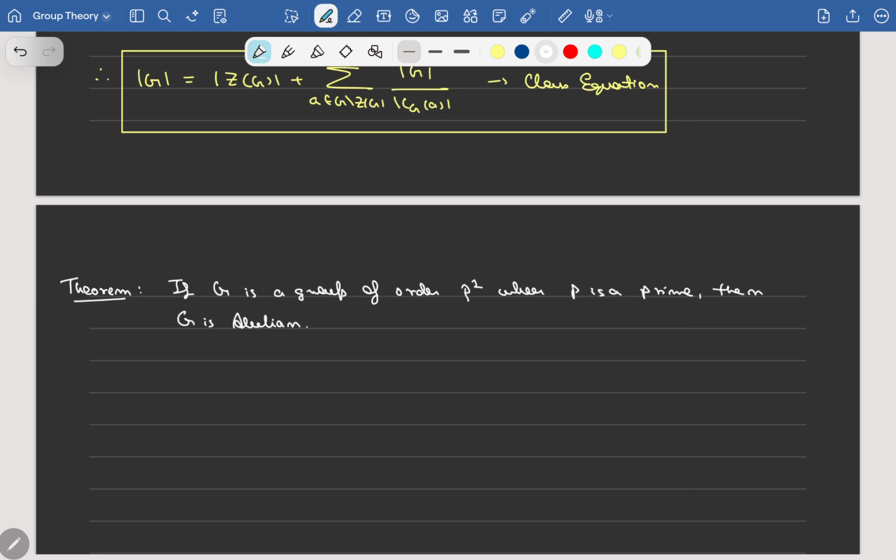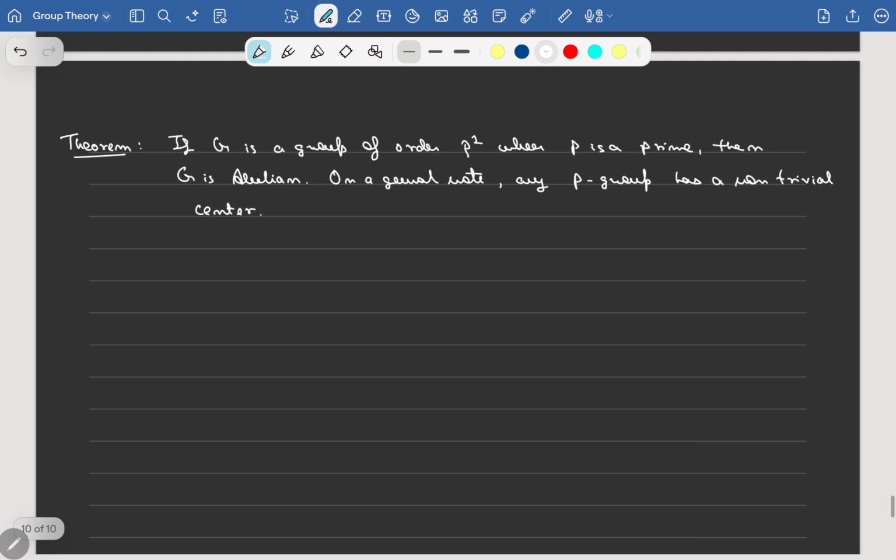In fact, on a general note, any p group, so a p group is a group of prime power order, any p group has a non-trivial center. Okay, and the proof is as follows.